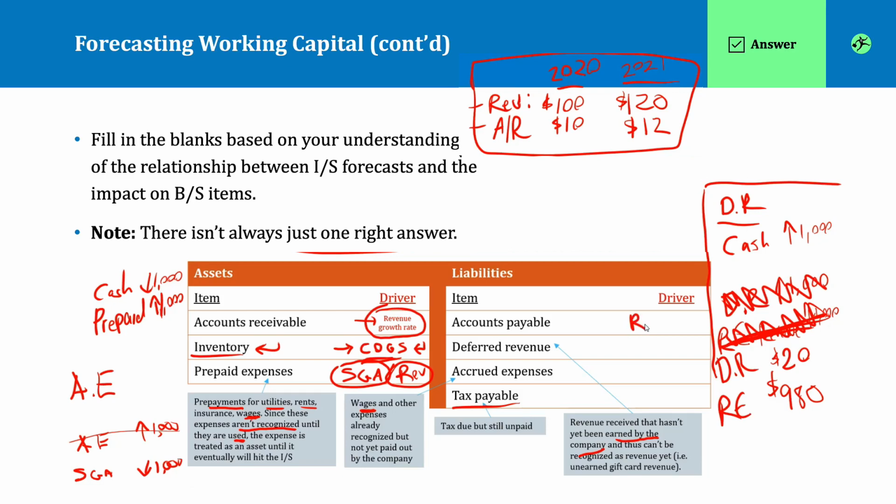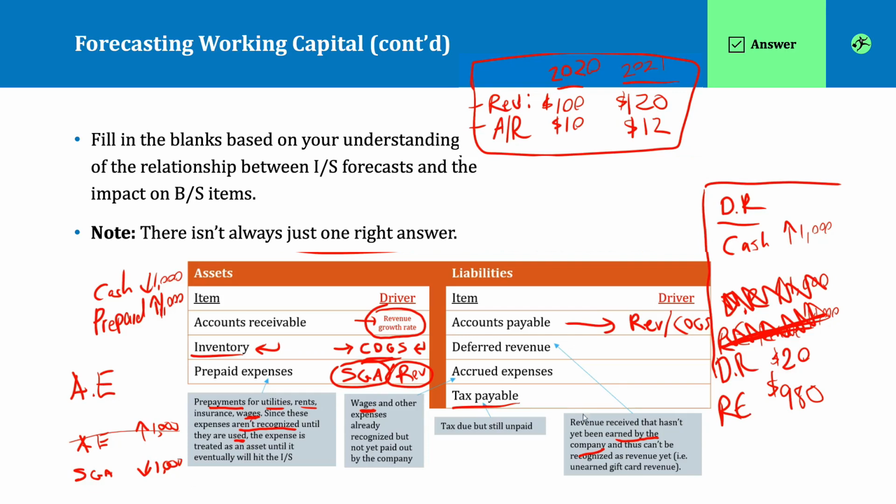And so again, revenue growth, no matter what, as the business grows, assuming the historical relationship holds, it's either the revenue or cost of goods sold growth rate that's going to be a reasonable forecast driver here. Again, if we have a thesis that all of a sudden we're going to get more aggressive with our suppliers, we're going to take longer to pay, that's all possible. We need to build more model functionality for that. For now, all we want is the most simple connection. Accounts payable grows as the cost of goods sold growth rate increases or the revenue more broadly increases.